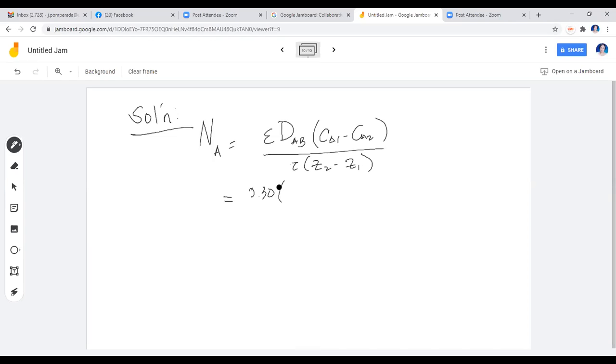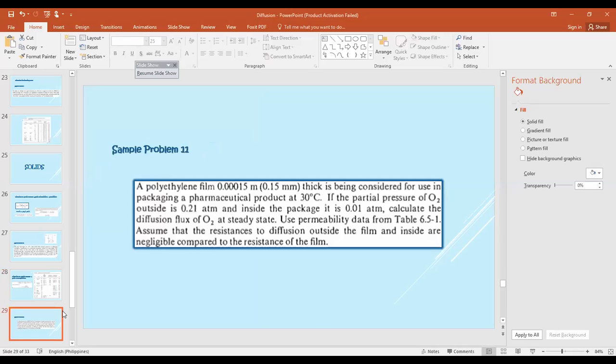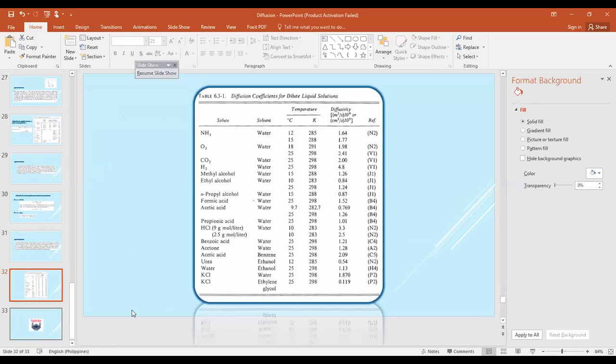The diffusivity of KCl should be taken from a table. Okay, let me stop share. It should be taken from a table. And that table is this.